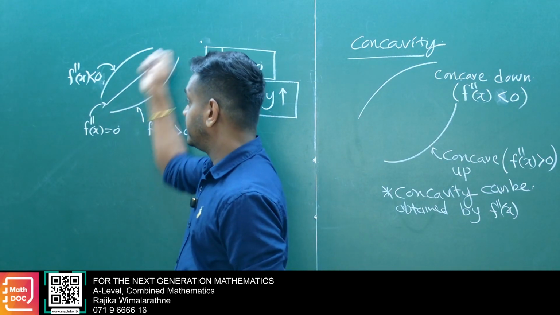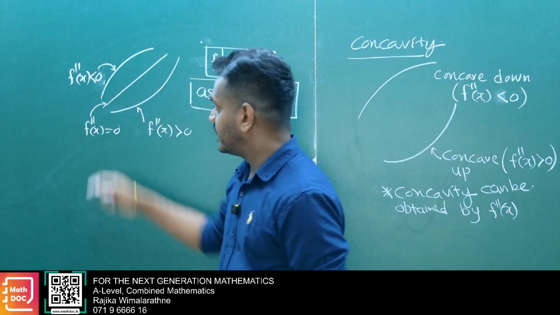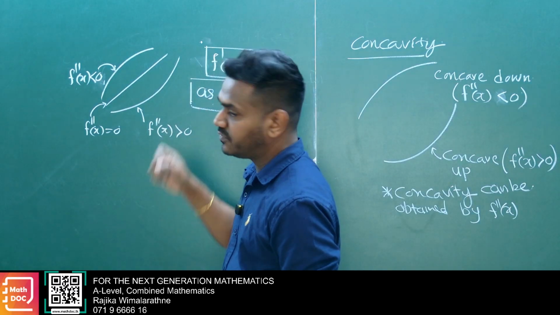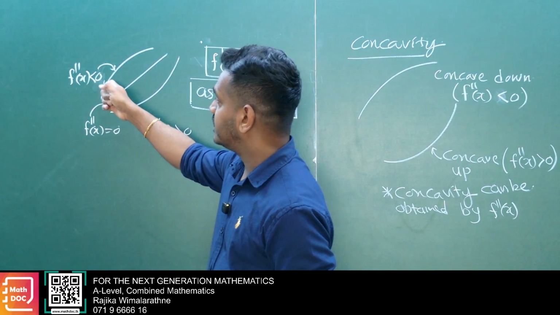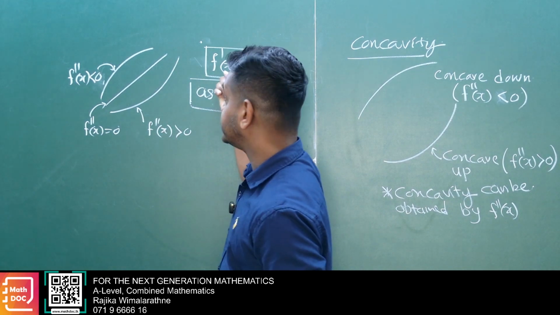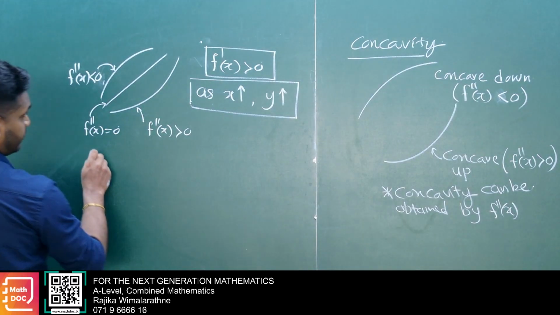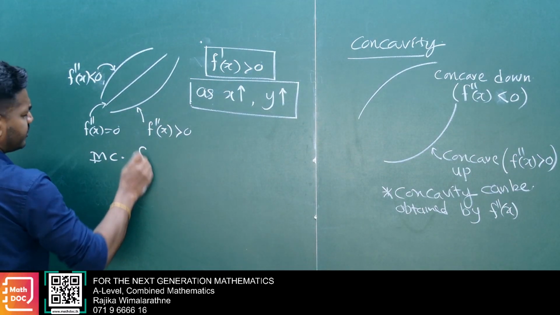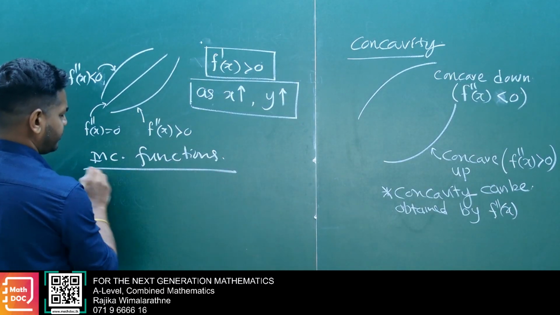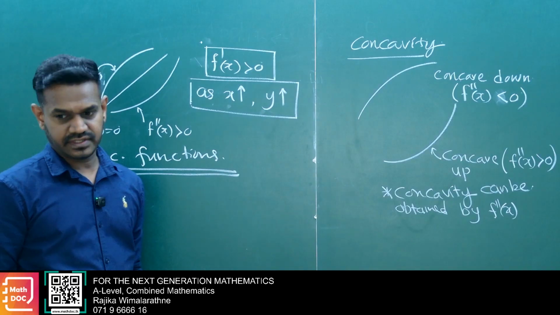Here concave up, second derivative positive; here concave down, second derivative negative. All three cases have first derivative positive. These we call increase in functions. As x increases, y also increases, no?